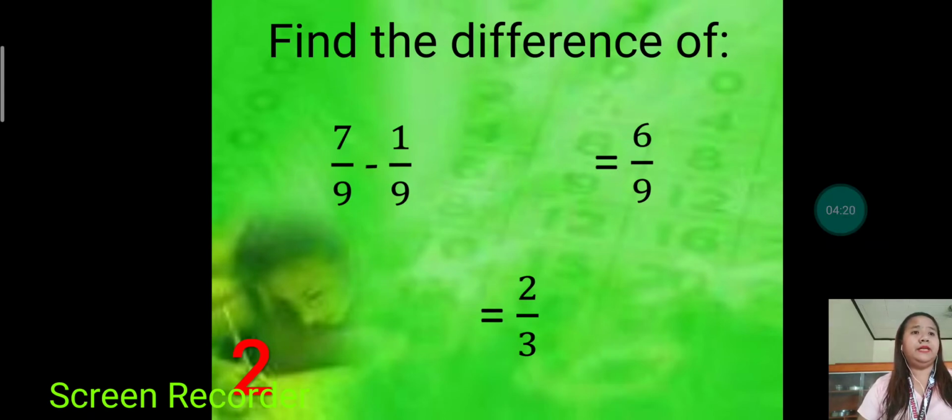We simply perform the operation in the numerator since the denominators are the same. So we have 7 minus 1 is equal to 6, and then we're just going to copy the denominator, which is 9. 6 over 9. Then we're going to simplify this. We have 2/3.